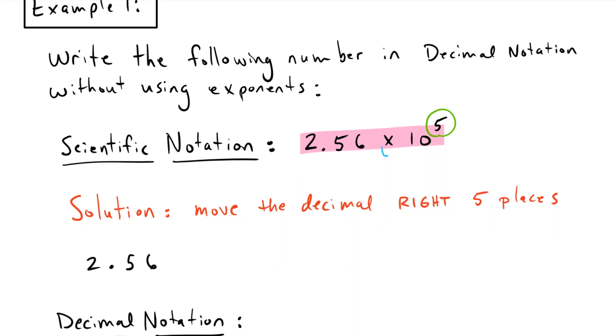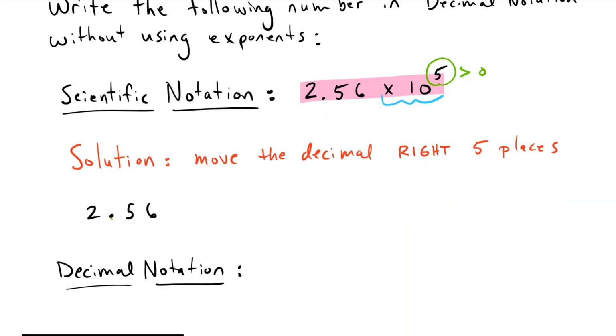The times 10 to the power, that just tells you that you're going to move the decimal place, left or right. And whether you move it left or right depends on the sign of the exponent, because our exponent is 5, and that's positive. We're going to move it to the right. So we move the decimal right 5 places.